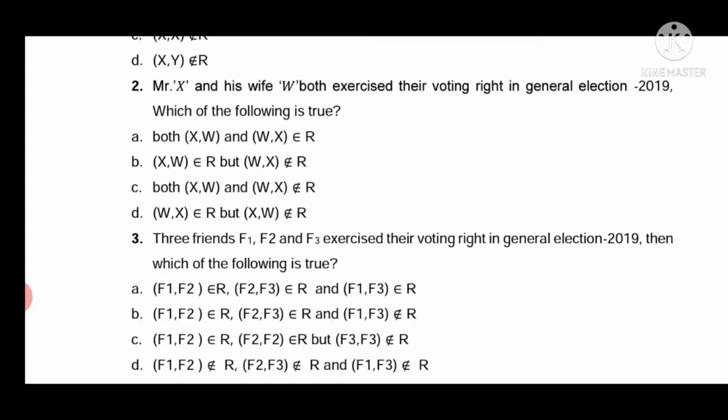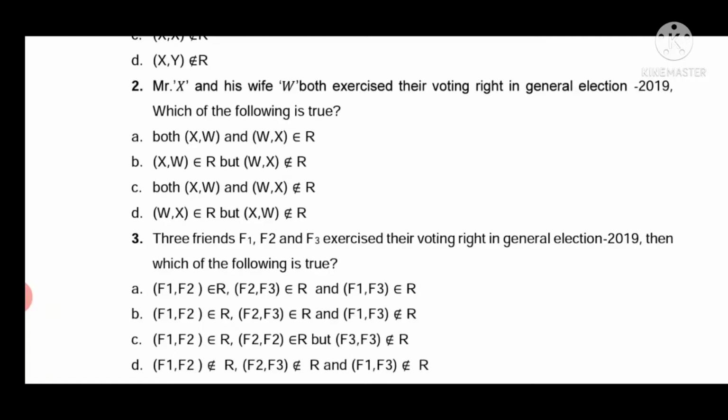So this type of relation is called an equivalence relation, because here (F1, F2) belongs to R implies that (F2, F1) also belongs, means it is symmetric.